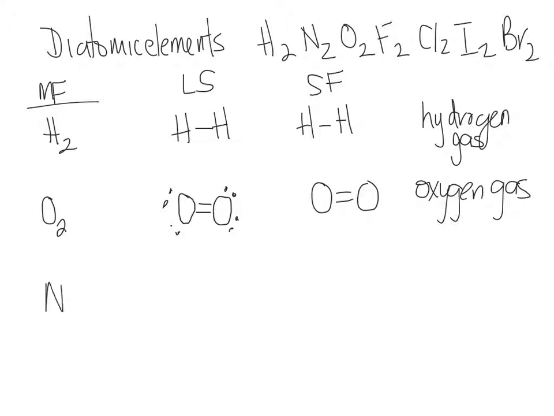Nitrogen. How many valence electrons for nitrogen? This is key to how many bonds it's going to make. How many valence electrons? 5 valence electrons. Because nitrogen needs 3 more electrons, it's going to make 3 bonds.